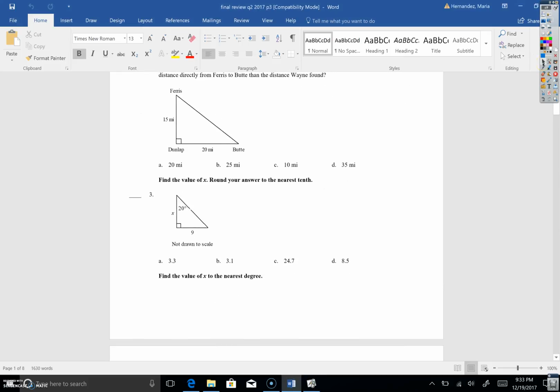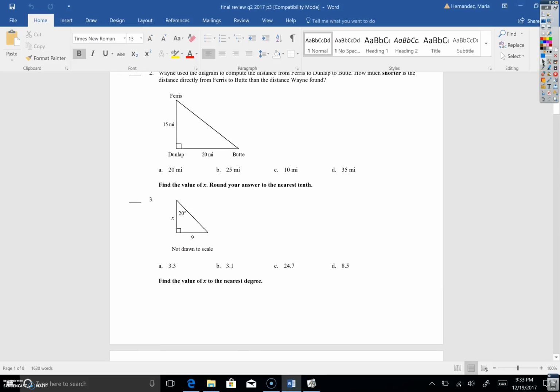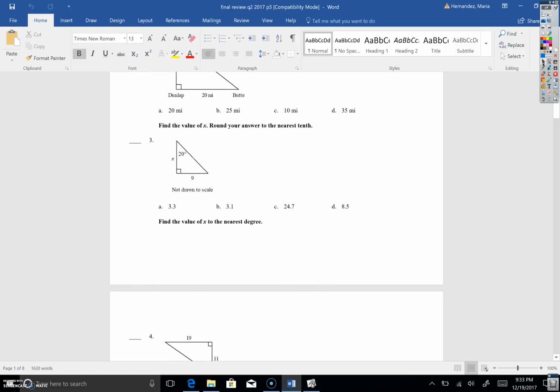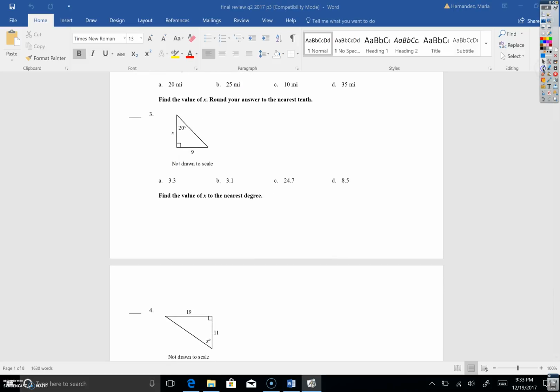Okay, next problem, number 3. Find the value of x, okay? So right here we have 20 degrees, and we have opposite over adjacent.